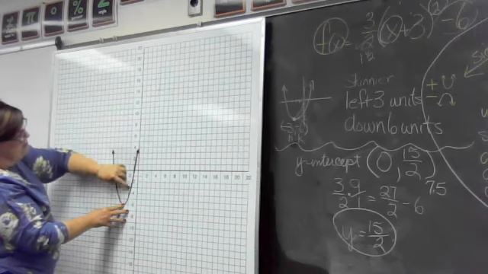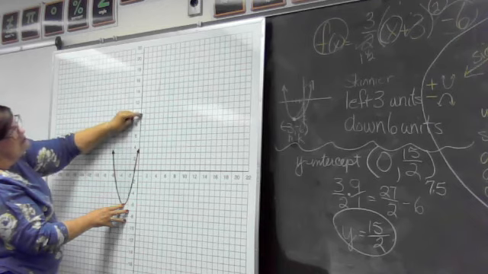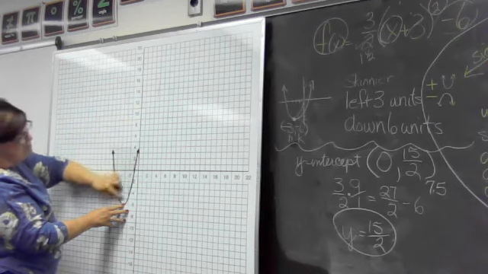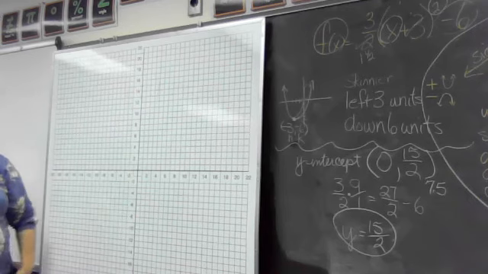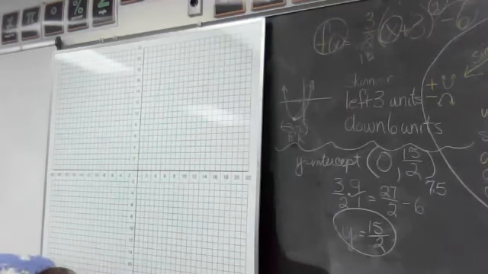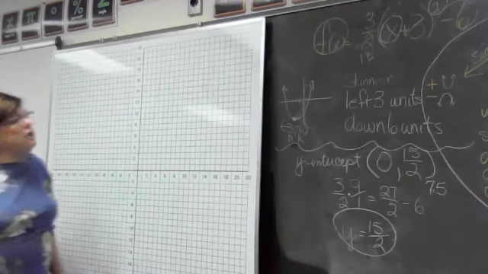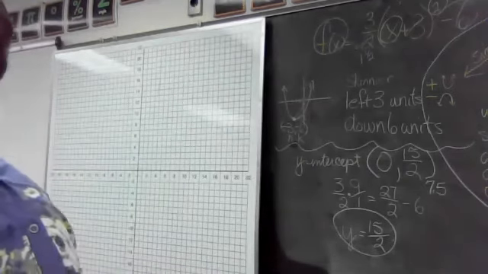So we're going to have to make it skinnier so it will actually go through there. And then you all are able to see how skinny or how wide it really is by using the y-intercept. Y'all see? It's a lot of information. I wanted you to have it down in your notes so we can play with it.